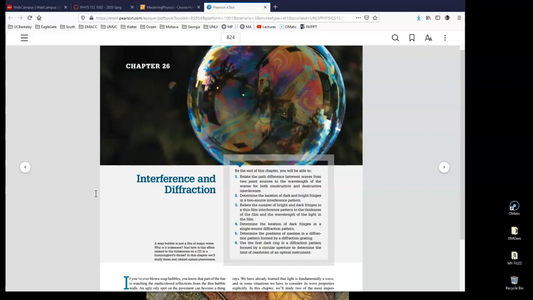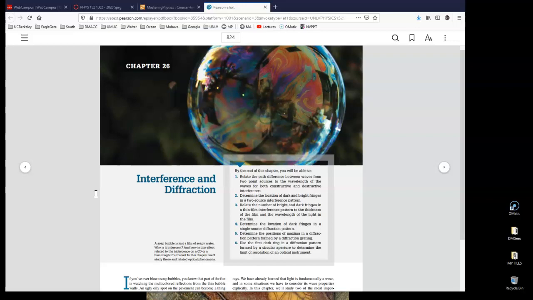The first one is interference and coherent sources, which is sections 1 and 2.